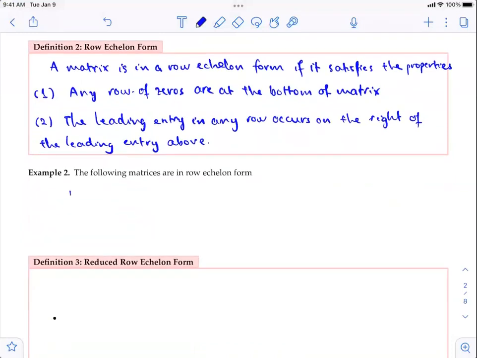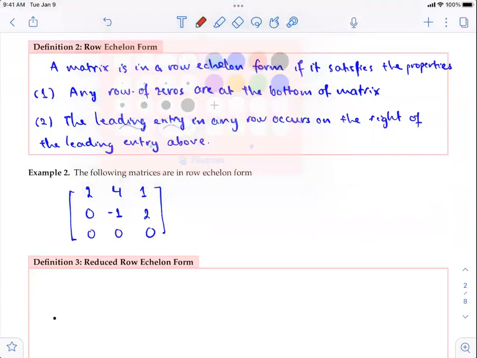So I have the matrix of the form 2, 4, 1, 0, -1, 2, 0, 0, 0. This matrix is in row echelon form because it satisfies the first condition, which is that the row of zeros is at the bottom of the matrix. And it also satisfies the second property.